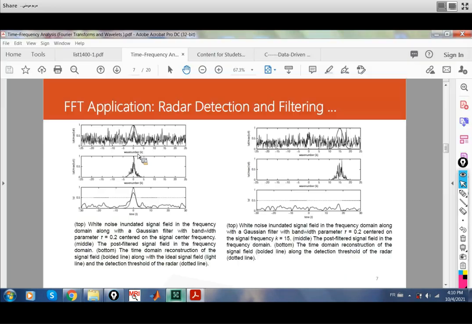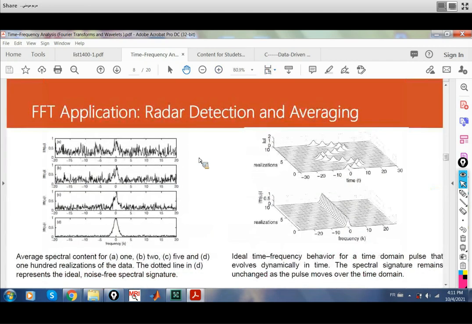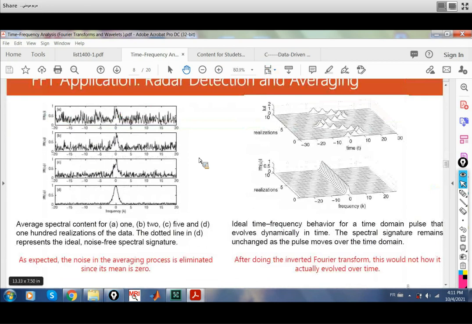Another thing for this application, for instance, if you have some signal in Fourier Transform, and we average the signal in Fourier domain.